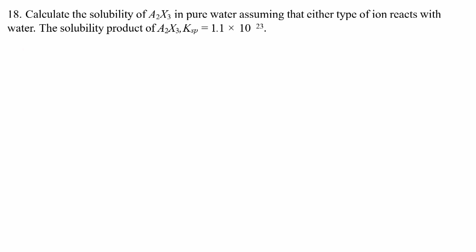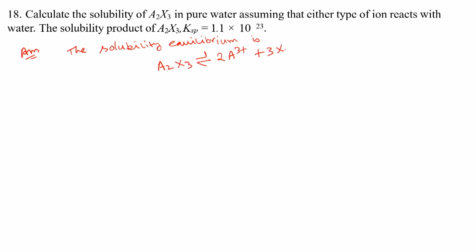So the solubility equilibrium is A2X3 gives 2A3 plus and 3X2 minus, right.